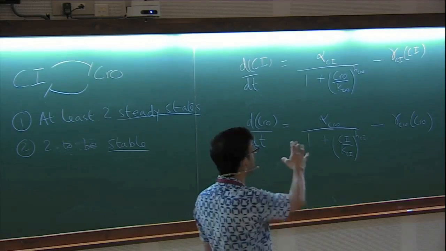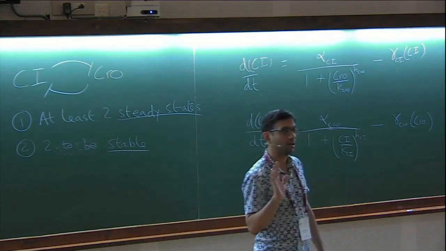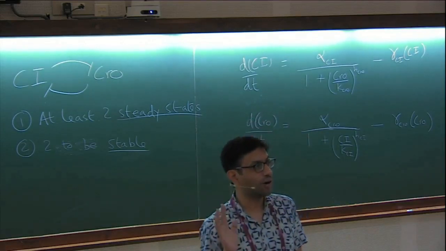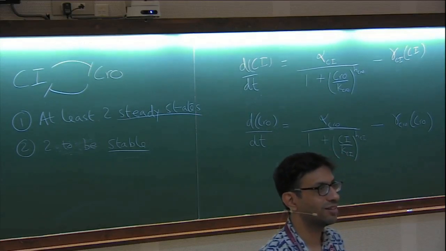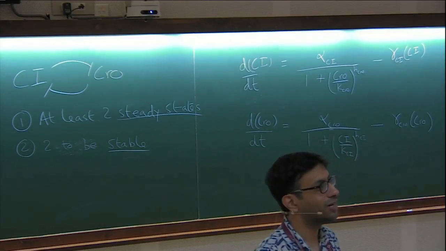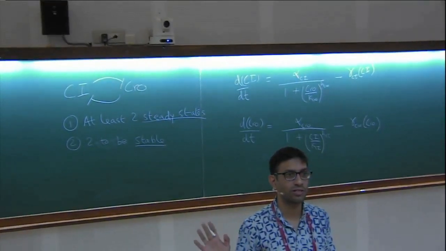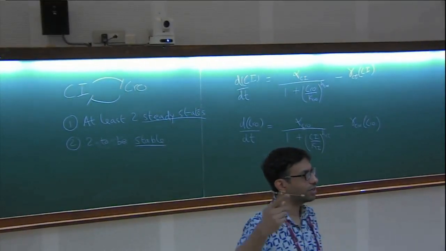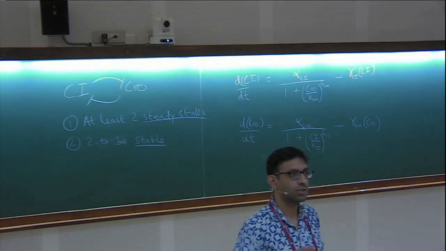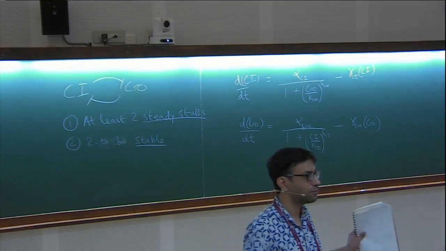Already, without knowing anything further, you should see that I've made one very big assumption. And that assumption is I'm representing everything about C1 and Cro, these two proteins, by a single number that changes with time. So I have no concept of space.